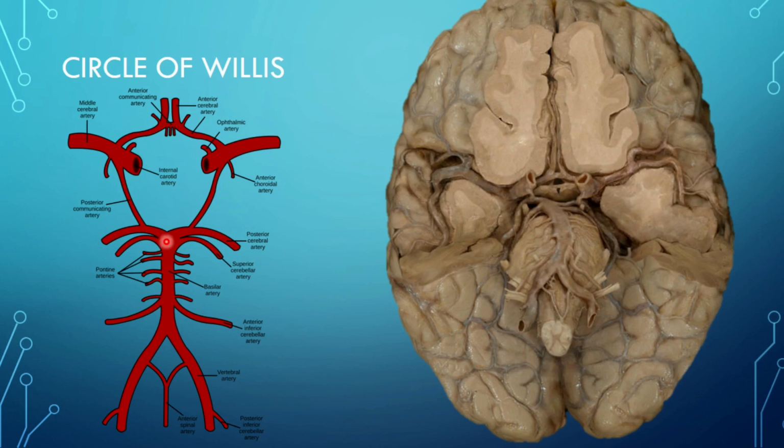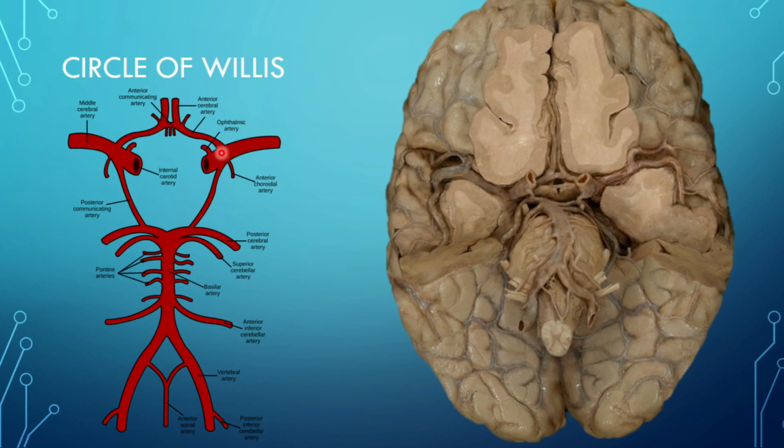So what we see is a posterior cerebral artery going to the left and a posterior cerebral artery going to the right, and then we can see some posterior communicating arteries. And it's these posterior communicating arteries that actually unite with the internal carotid artery to unite the vertebro-basilar and the internal carotid system.